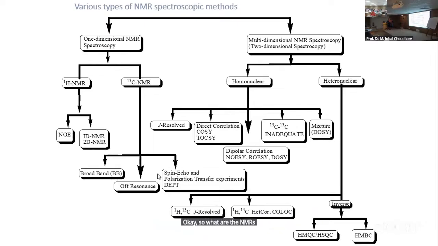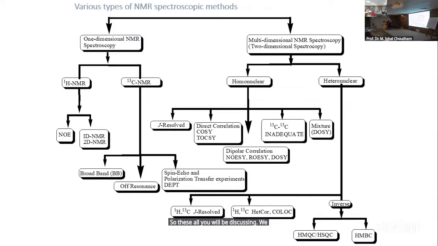Okay, so what are the NMR experiments? In one-dimensional NMR spectroscopy, we have proton NMR and C13 NMR, and in proton, we have NOE, and then 1D and 2D NMRs. And for C13, we have broadband resonance. All of these will be discussed.